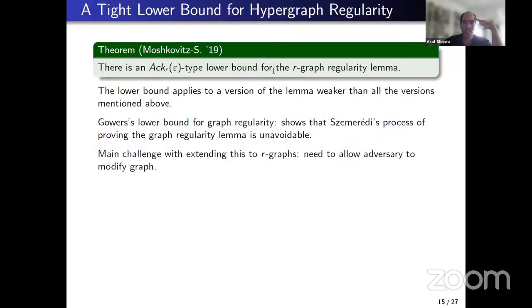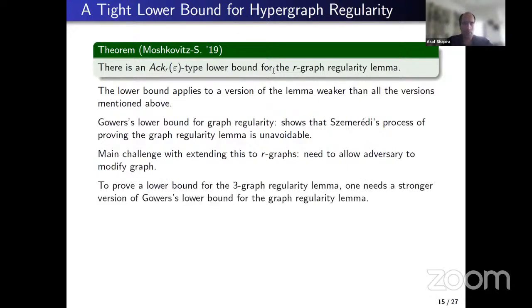The main challenge with extending this to r-graphs is that we need to allow an adversary to modify the graph. What do I mean by this? The statement of the hypergraph regularity lemma involves not only partitioning the vertex set of the hypergraph, but also a sequence of graphs that we construct, or the adversary constructs, to help us in the definition of what it means for a hypergraph to be regular.